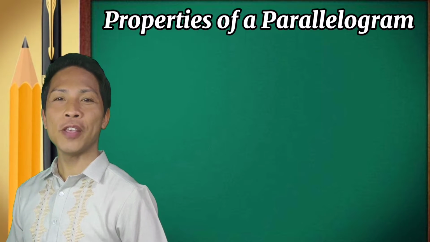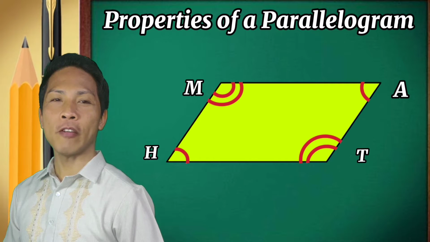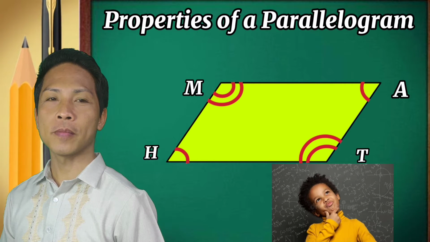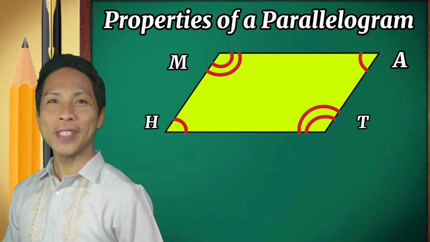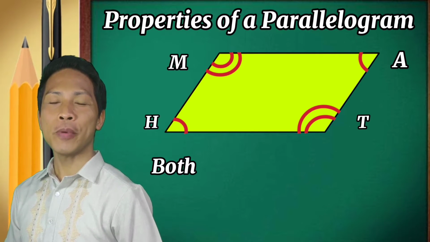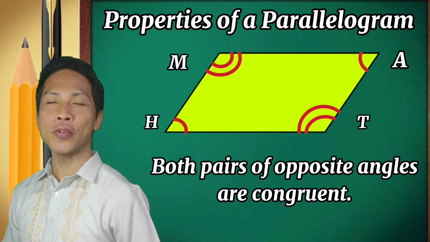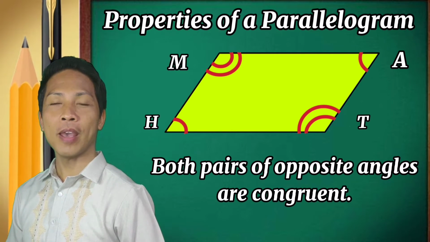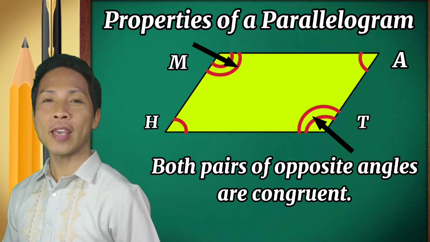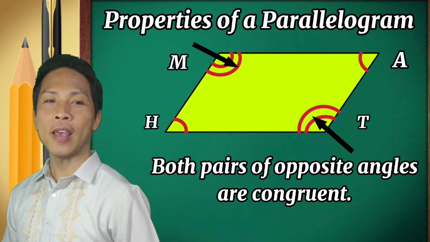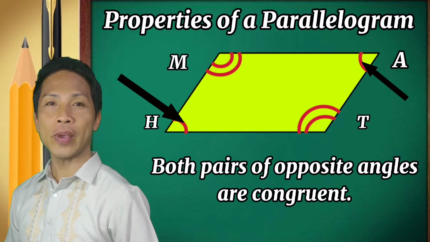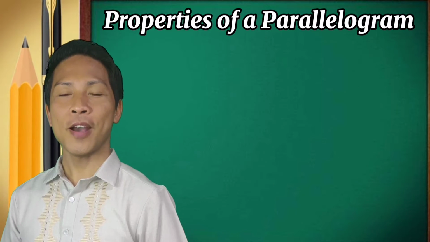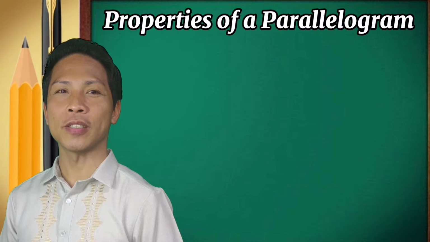How about this figure? What property of a parallelogram does it show? Precisely! Both pairs of opposite angles are congruent. Angle M and angle T are opposite angles and congruent. Angle H and angle A are opposite angles and congruent. How about the next illustration?